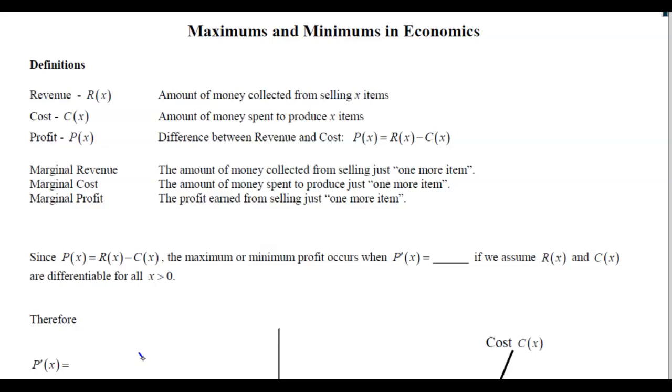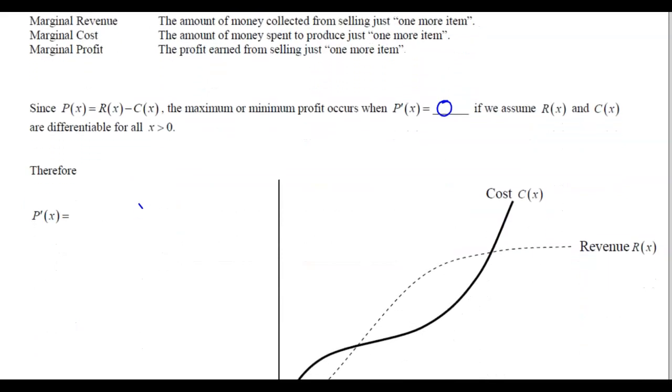Okay, so since the profit is revenue minus cost, the maximum or minimum profit occurs when, obviously, the derivative of the profit function equals 0. And we're going to assume that the revenue and cost functions are differentiable for x greater than 0.